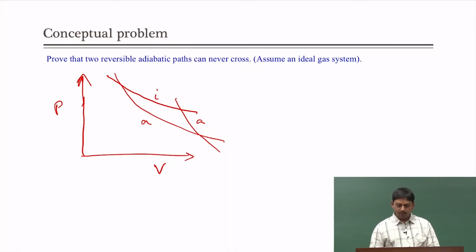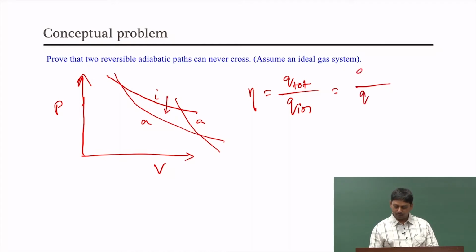If this is the case, let us calculate the efficiency. Eta is, we know, Q tot by Q in, right. What is Q in? Q cannot come in through any of these adiabatic processes. So, this is the Q in. Let us say this is some value Q, and what is Q tot?